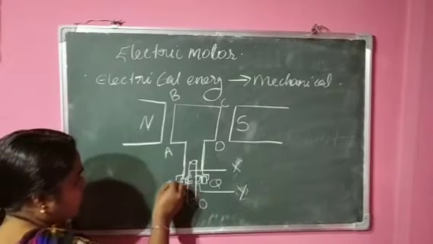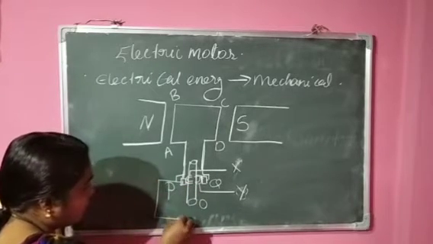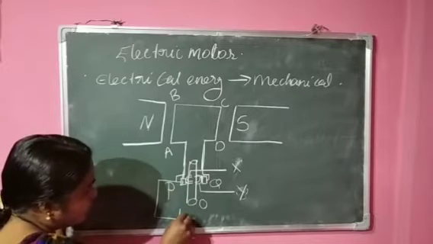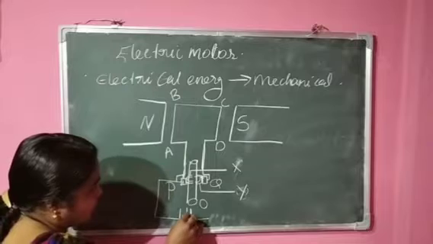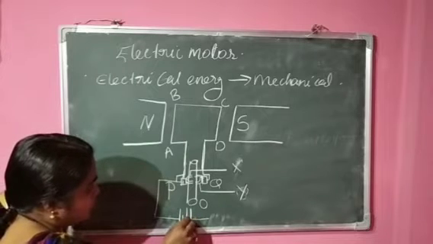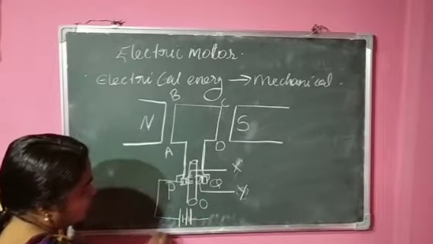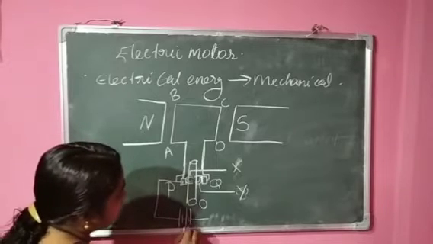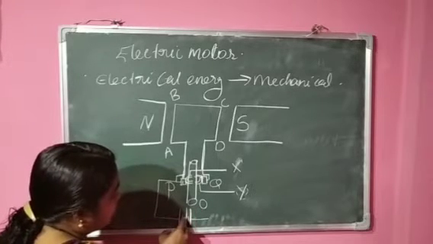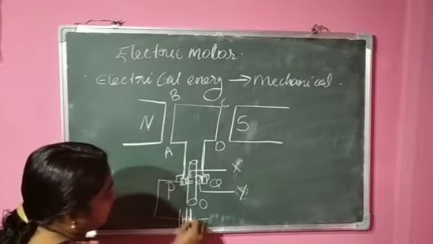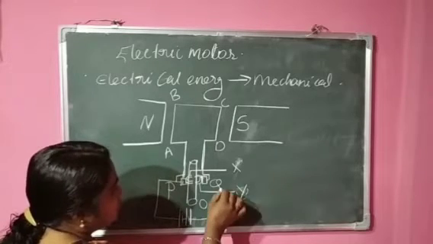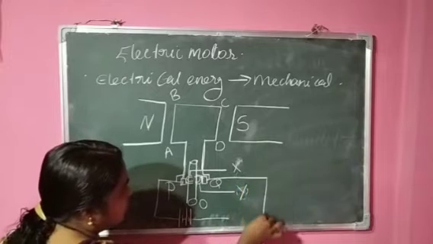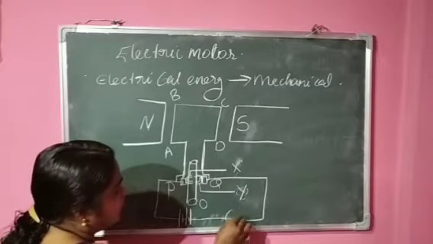And this is externally connected to a small battery. Externally these two brushes are connected to a small cell and a key is here.